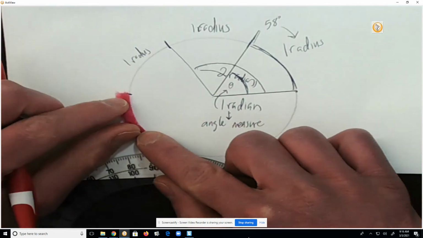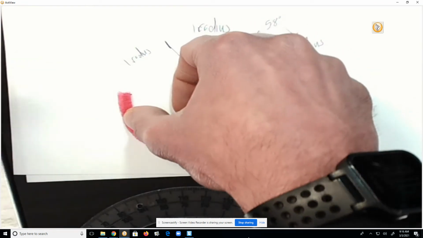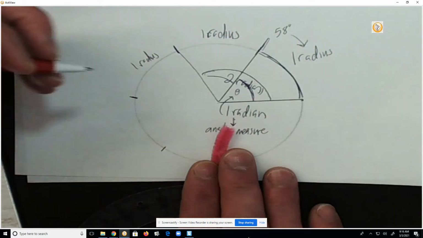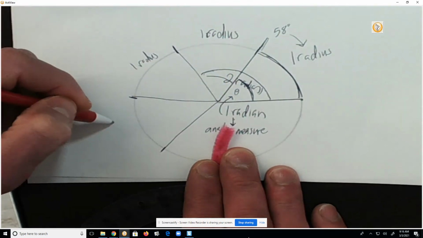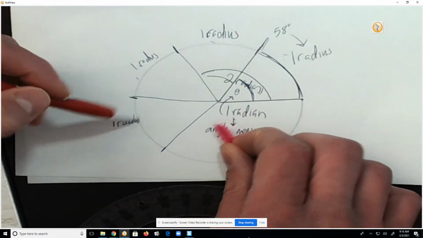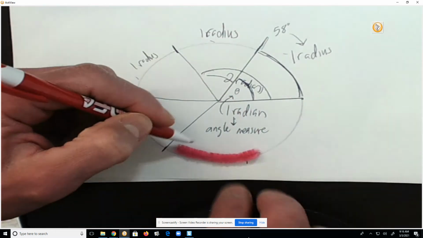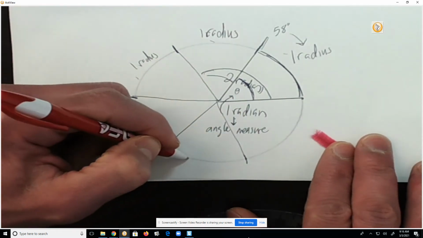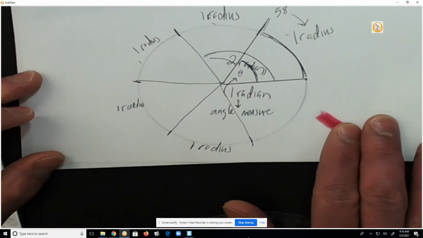So every time I measure a new arc here, it's about 57 degrees. So again, why the heck 57? But every time I make a new line here, I have another radius. So 1, 2, 3, 4. And it looks like I'm going to be right on here. There's another radius worth. So there's my 5th radius around the circle.